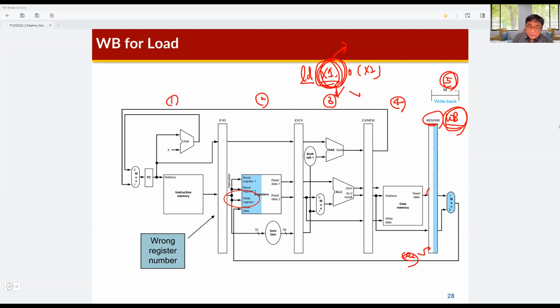Okay. So in this pipelined processor design, as you can see, the write register port is directly connected to the output of the instruction fetch and instruction decoding pipeline register. So we can write like this.